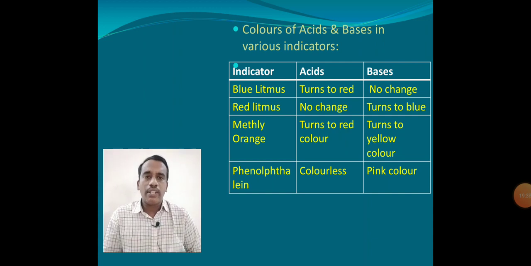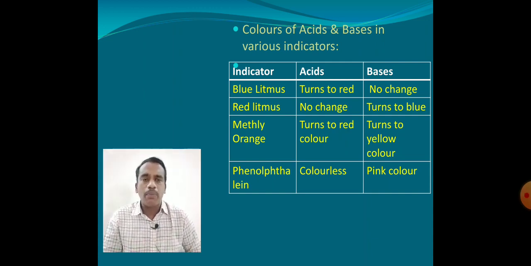Let us continue about the indicators. The indicators up to now that we had learned are all color indicators. But there are some indicators that help us to detect whether a compound is an acid or base by observing the smell of the compound.